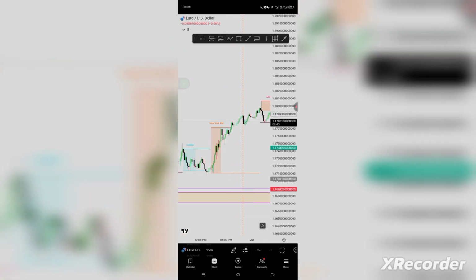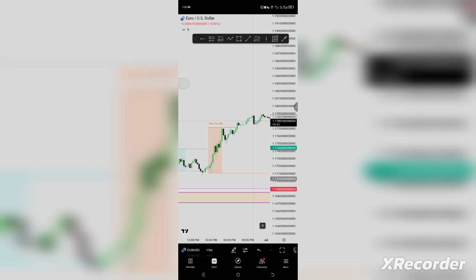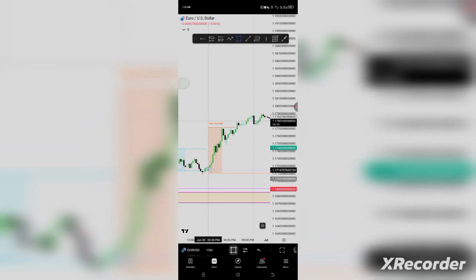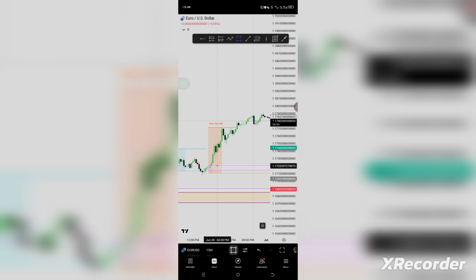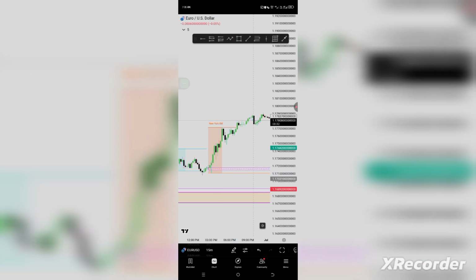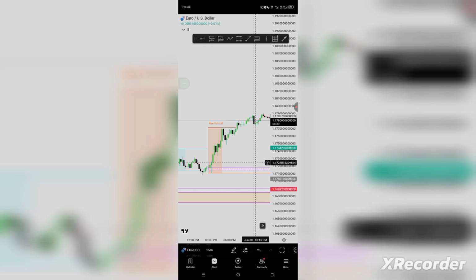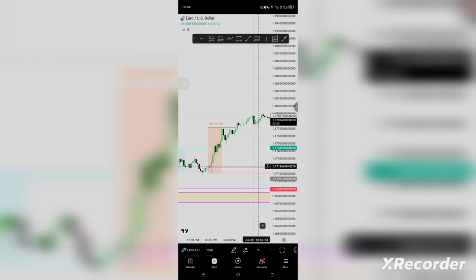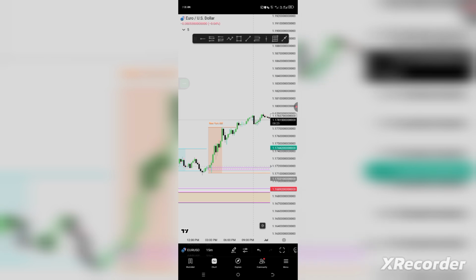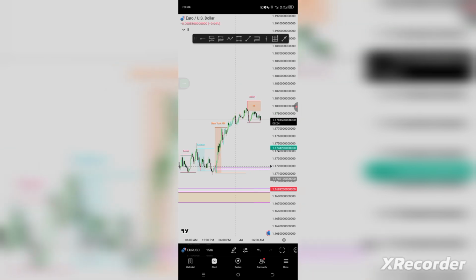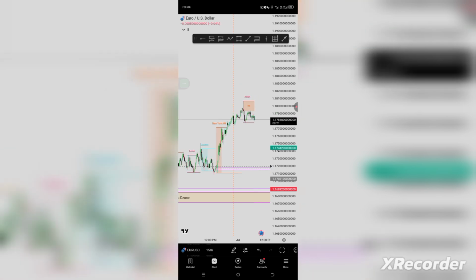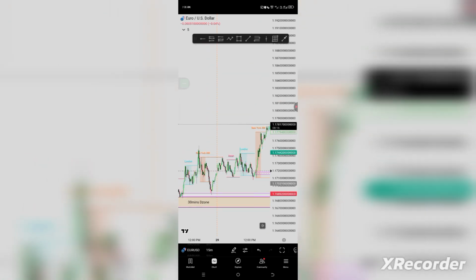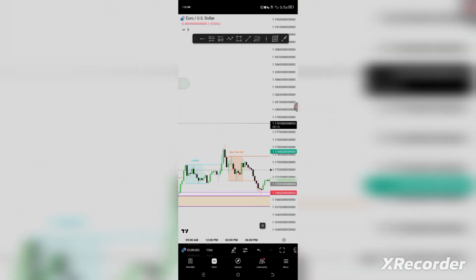But this is my valid indecision candle, my valid demand zone. But then this, I don't think this zone will hold, because I can't see any imbalances.